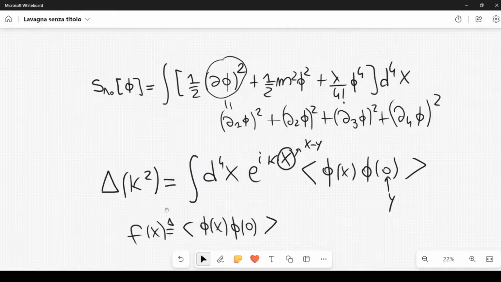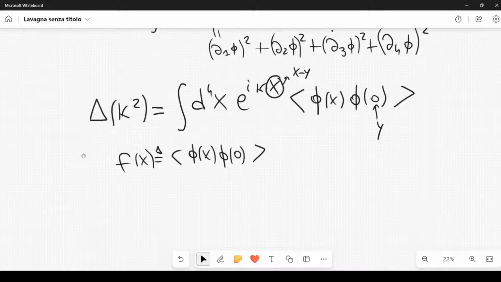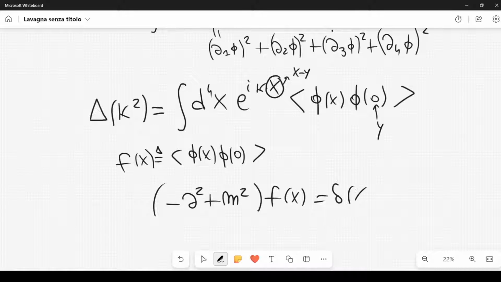Now, this function f of x solves the equation minus del squared plus m squared, f of x equal to delta of x. This is a four-dimensional Dirac delta, and basically this comes from the classical equations of motion.